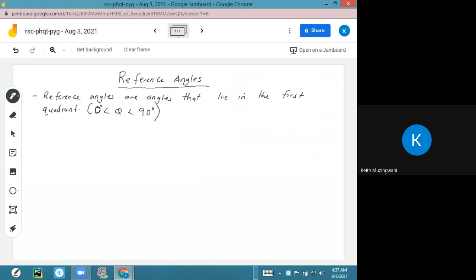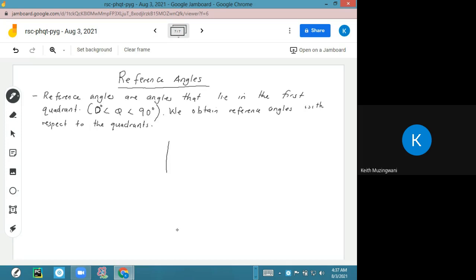Okay. How do we obtain them? We obtain reference angles with respect to the quadrants.